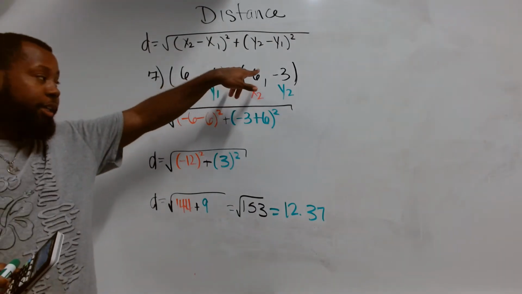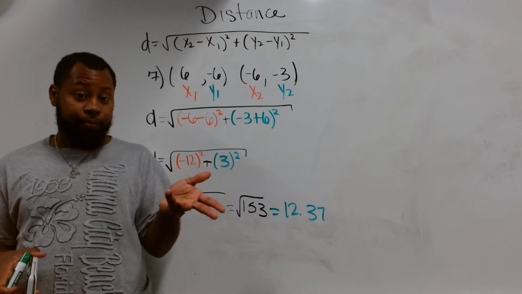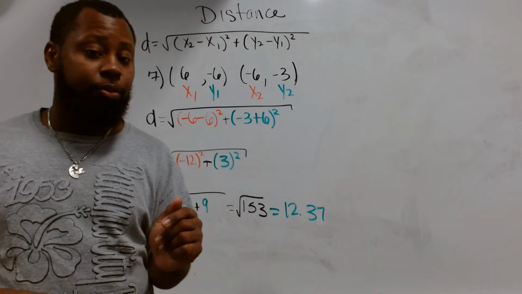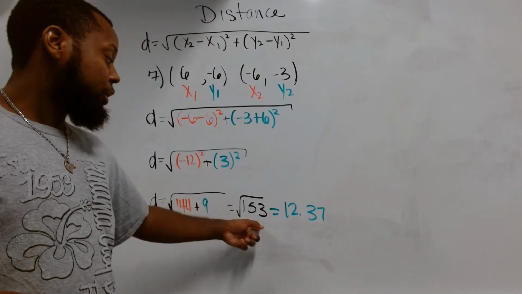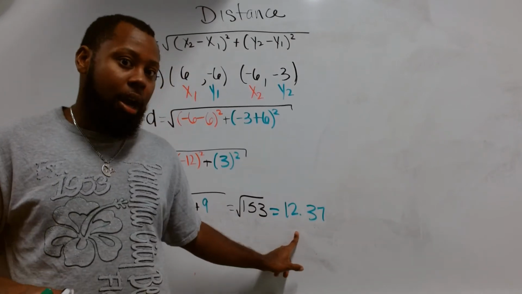The distance between these 2 points is 12.37 units. So if you convert all of these into decimals, you'll see how far it is.